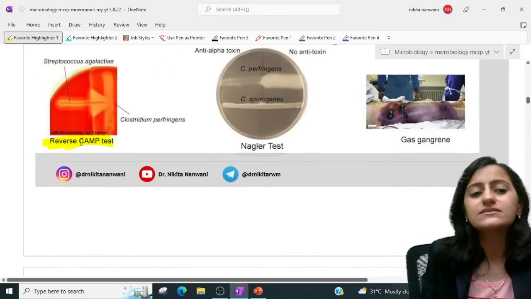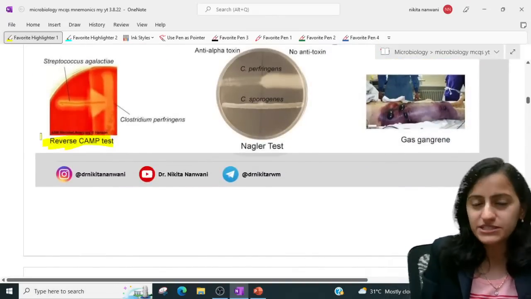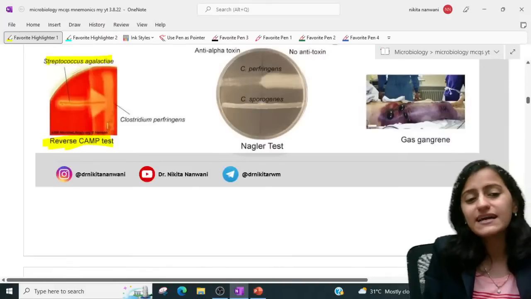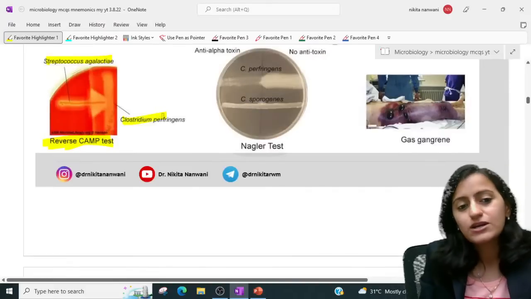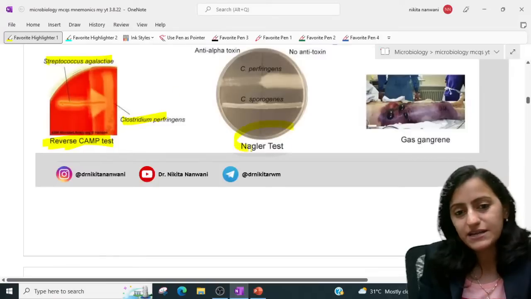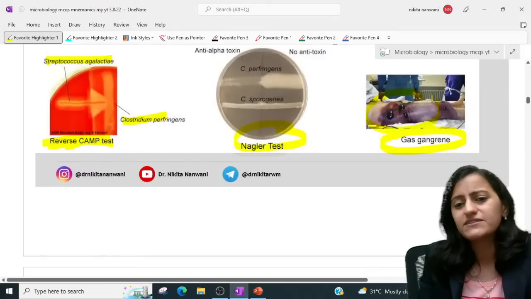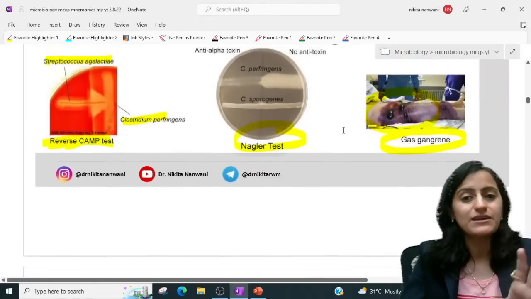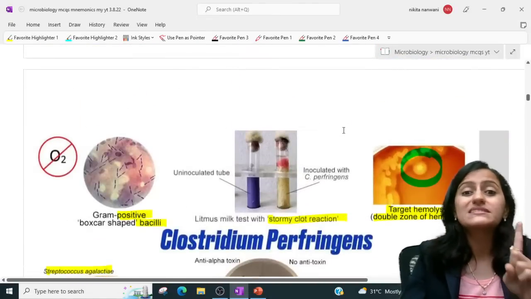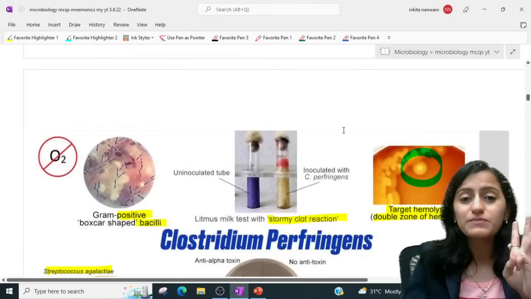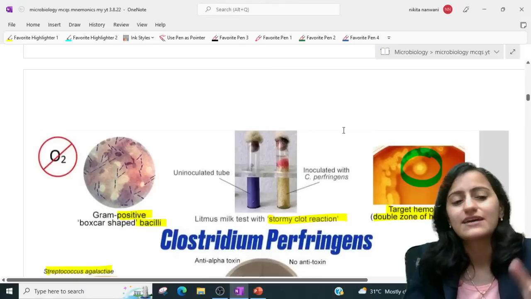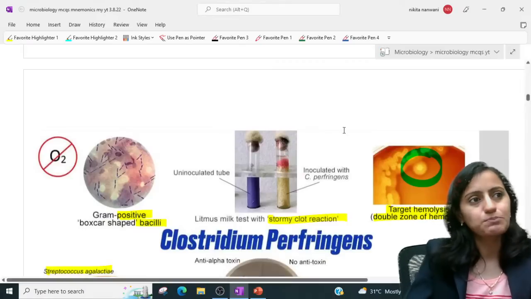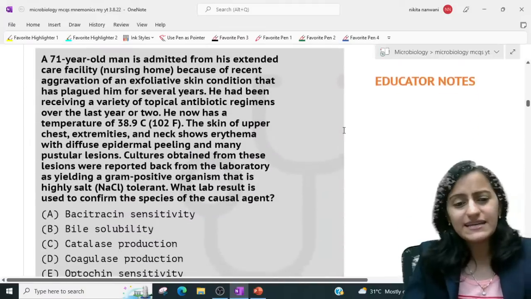It shows the reverse CAMP test positive. Streptococcus agalactiae is your CAMP test, Clostridium is reverse CAMP test. Then you have Naegler's reaction, and then you have the gas gangrene. So these are all the important points summarized for Clostridium. Remember, it is gram positive, anaerobic, target hemolysis, Naegler's reaction, right? All this is important. Let's go to the next question now.